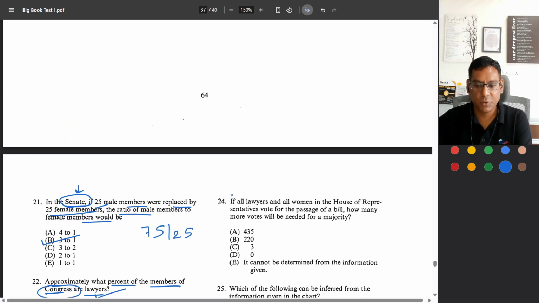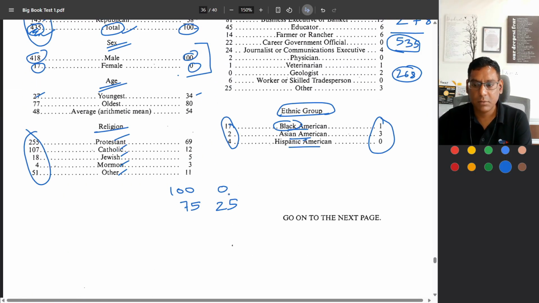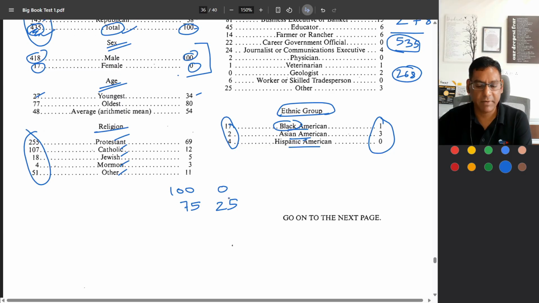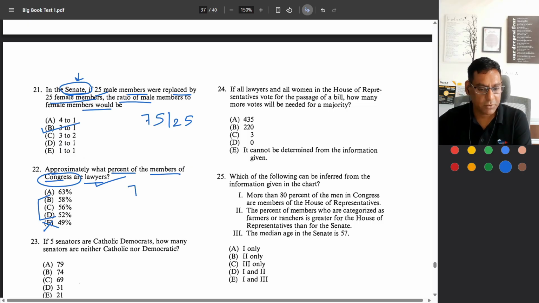But let's still do it. What was the number? 278. Let me do the calculation here. 278 divided by 535. 535 is divisible by 5, so I divide by 5, 107.